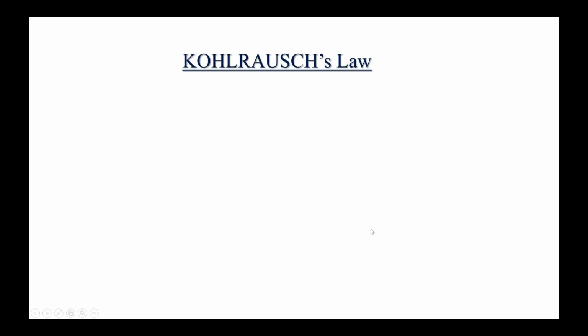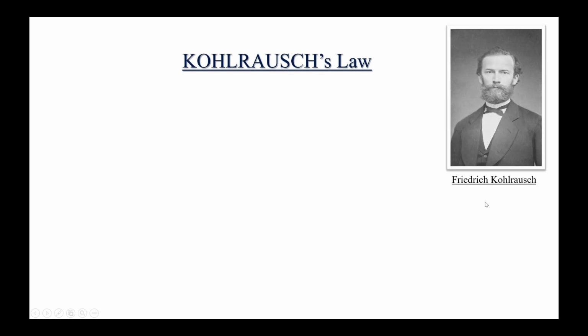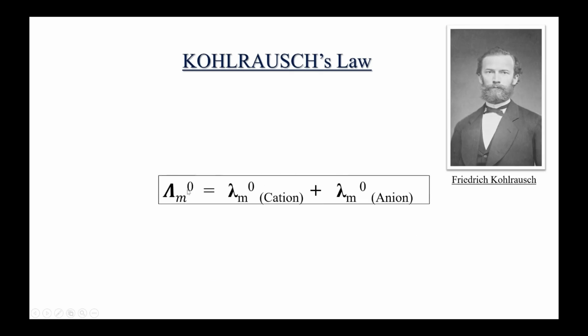So Kohlrausch law, which was given by Friedrich Kohlrausch, has a mathematical expression in which the molar conductance of a substance or electrolyte at infinite dilution is because of the molar conductance of individual ions at infinite dilution.